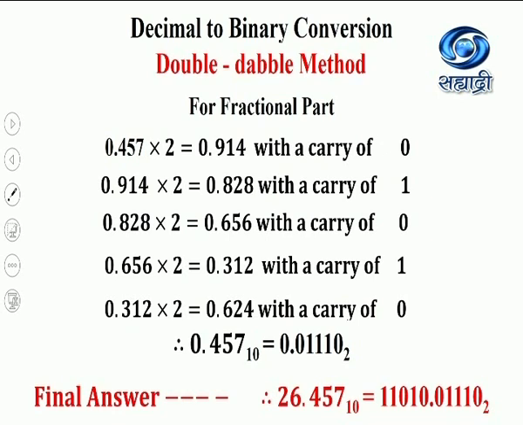After doing so, we get the fractional binary number: 0.457 is equal to 0.0110, by collecting all carries in forward order. So by combining the integer part and fractional part, we have the final answer: the decimal number 26.457 is equivalent to the binary number 11010.0110.